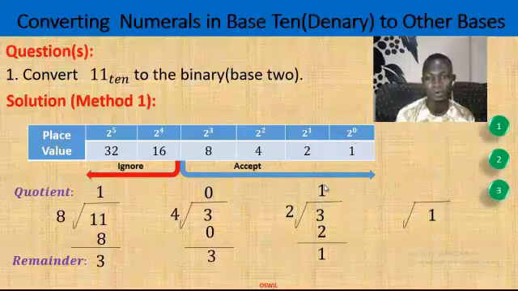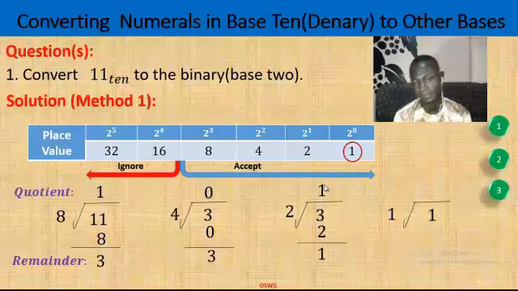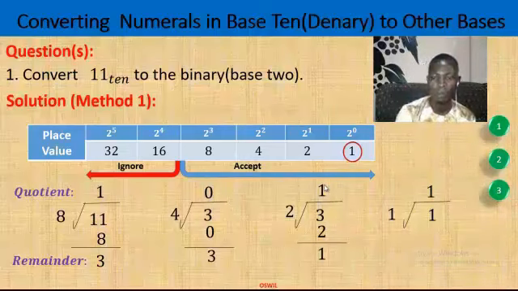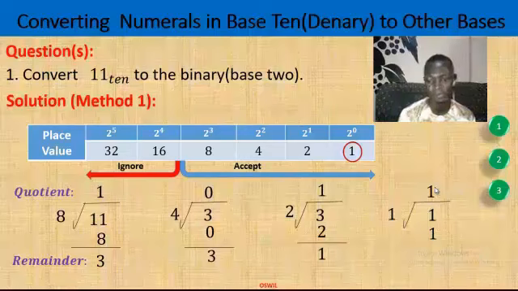So 1 divides the 1 in the root. 1 goes into 1 once. 1 in front of the root, multiplied by the 1 on top of the root, gives us 1. And when we subtract, we get 0.